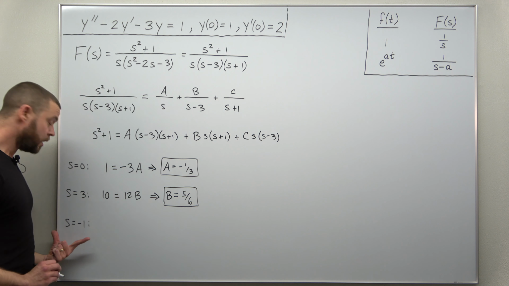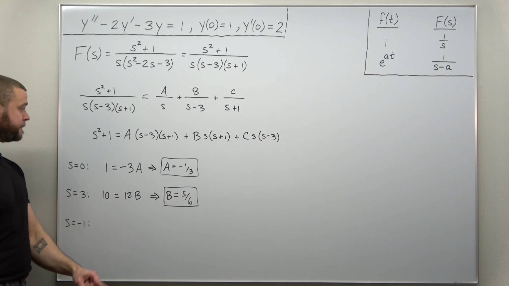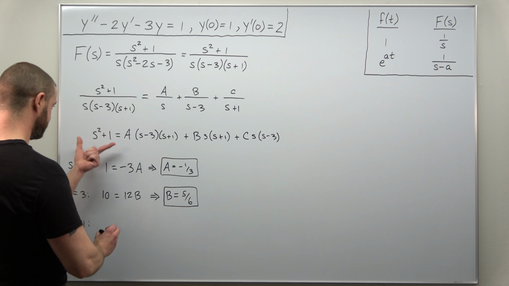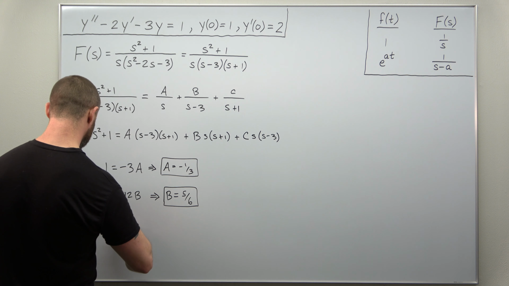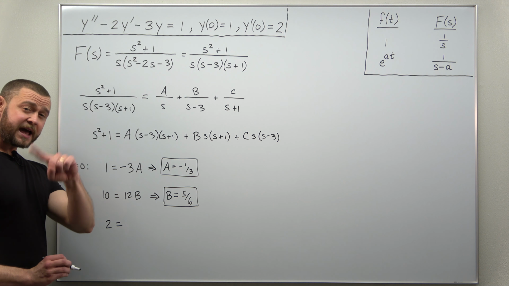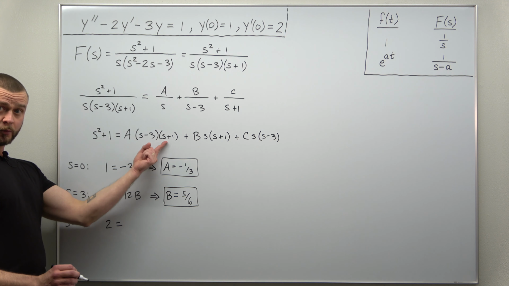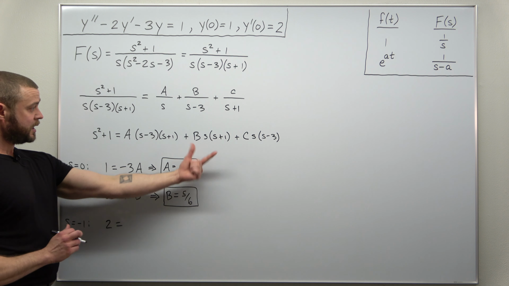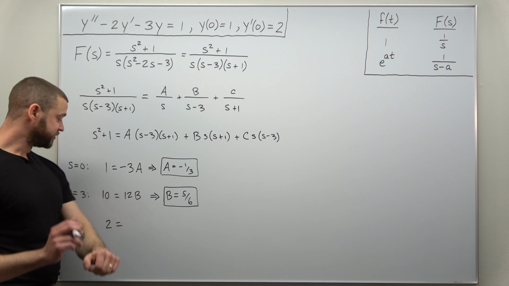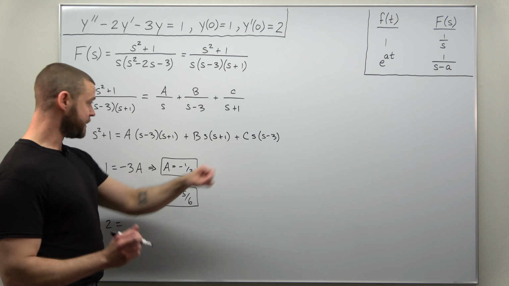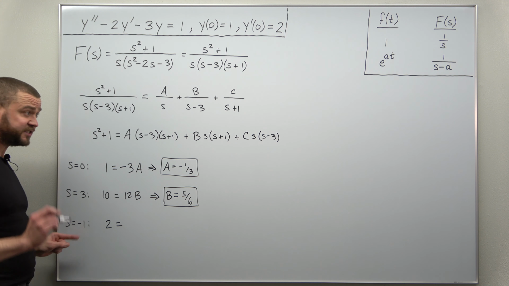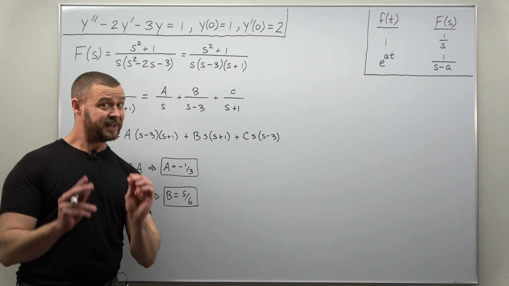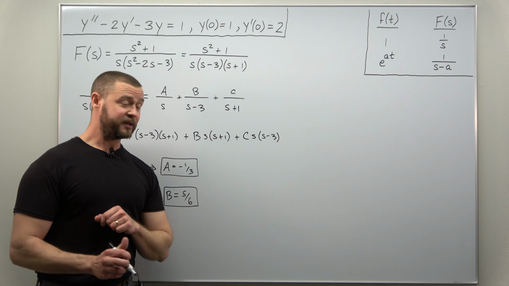All right, last value, we're going to plug in s as negative 1. Just be careful with your signs. Negative 1 squared is positive 1, so that left side is going to become 2. Now anything with the s plus 1 factor will evaluate to 0 or cancel out. So your term with A is gone, and likewise your term with B is gone. You should only have C remaining. Just be careful here, s is negative 1. I'm going to be careful with my signs because, in class, I would probably screw this up.